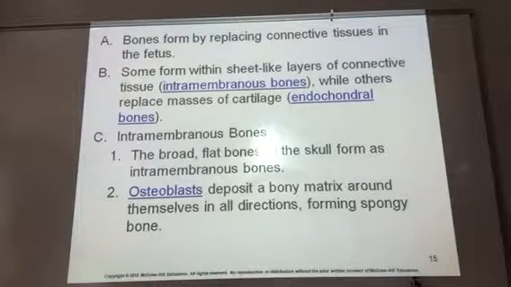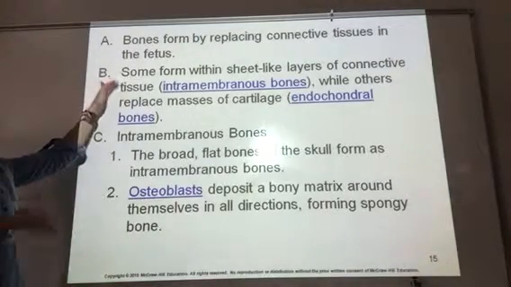Bone development and growth, we will keep going with that. Bones form by replacing connective tissues in the fetus. So beginning bone development takes place before you're even born. The first bones are cartilage, and they will eventually ossify and become strong bones.